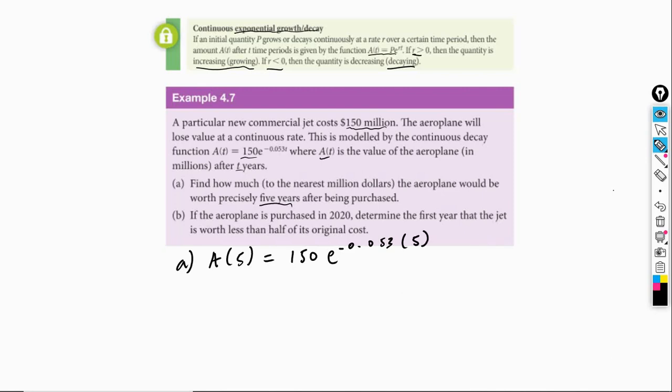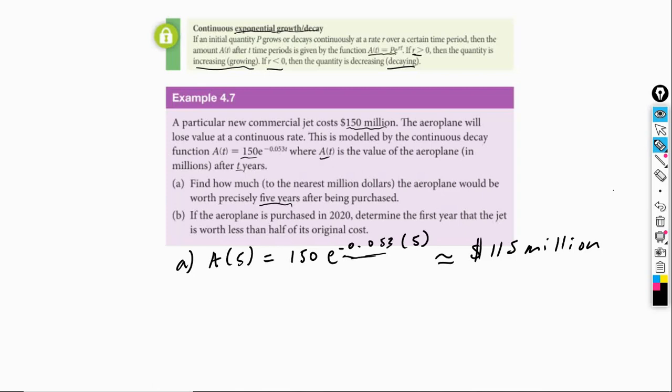And this rounded to the nearest million is going to be $115 million. So notice that this is a rate that is negative, therefore decay, as it is pointed out in the problem. What would be the rate of decay? 5.3%.